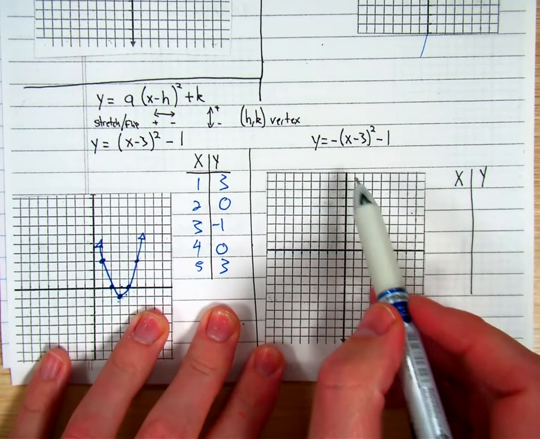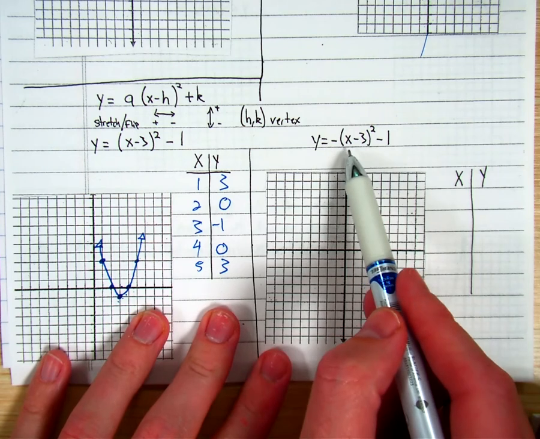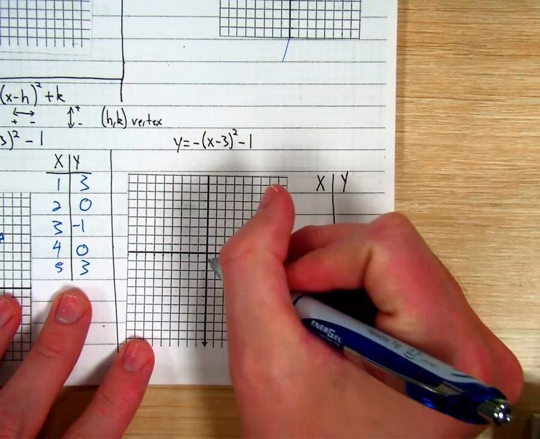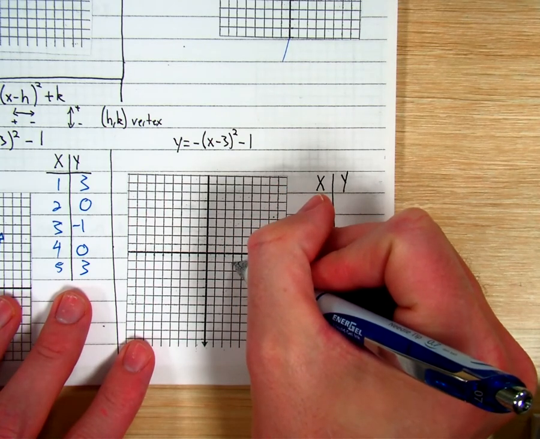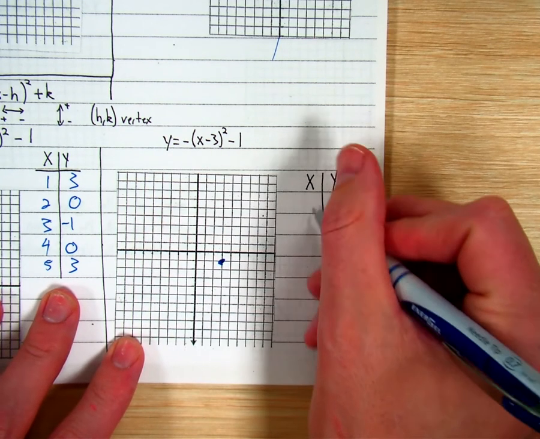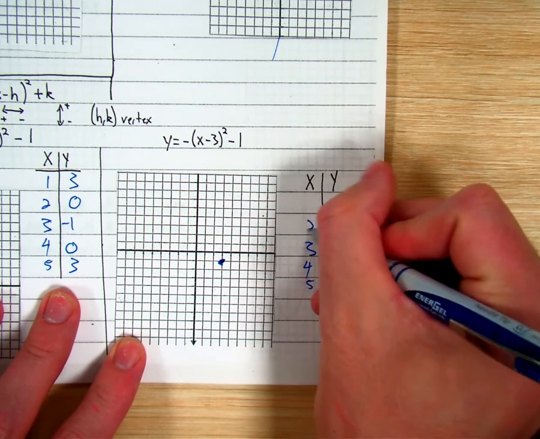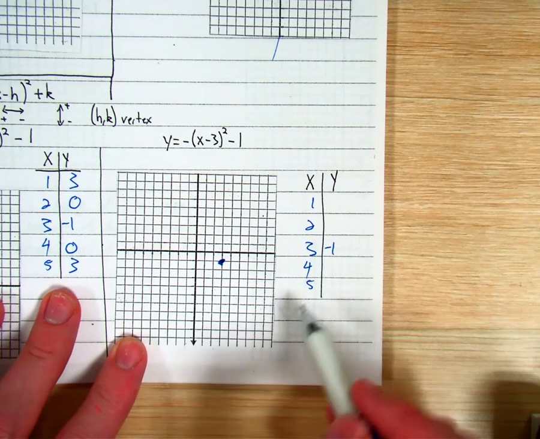So this is basically the same problem with a negative sign in the front. So we're 3 to the right, 1, 2, 3, down 1. So we're at 3, comma, negative 1 in the middle. If you want to, you can fill in a T-chart and then just reflect.